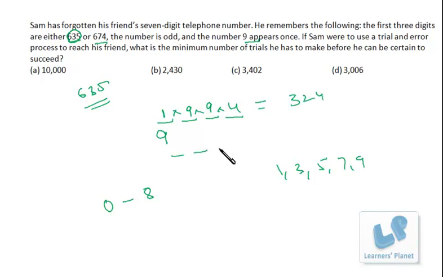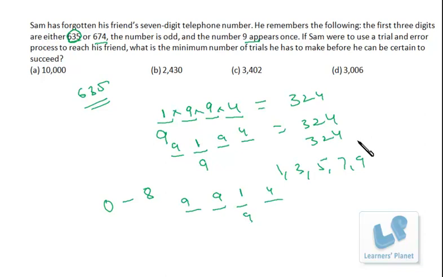Similarly, if 9 is at the next place, then here we have one choice, here 9 and 4, so again 324. If 9 is at the third place, here we have 9 choices, here 9, here 1 and here 4, so again 324. If 9 is at the last place, we have a single choice, that is 9, and here 9 choices, here 9 and here 9, so 9 cube, that is 729.